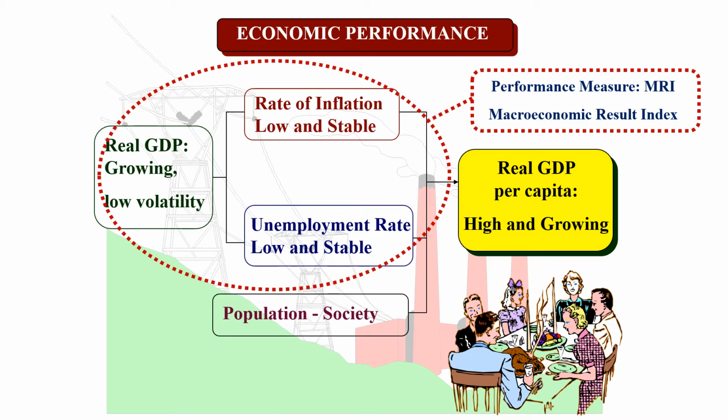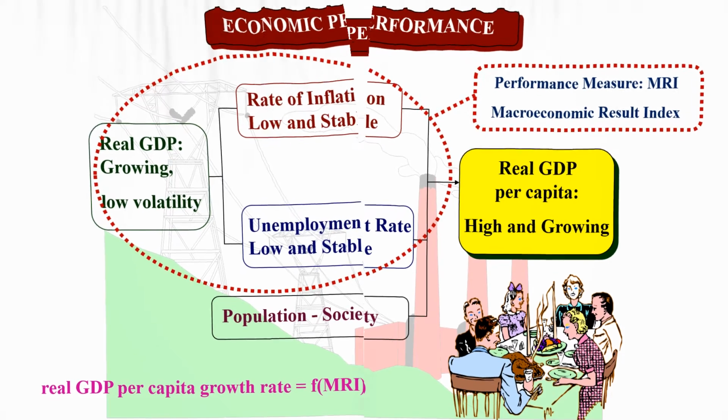I needed not only to measure the economic performance, but to demonstrate that the MRI has a strong relationship with another important variable, which is the real GDP per capita growth rate. Now, the formula for the MRI should look like this one.